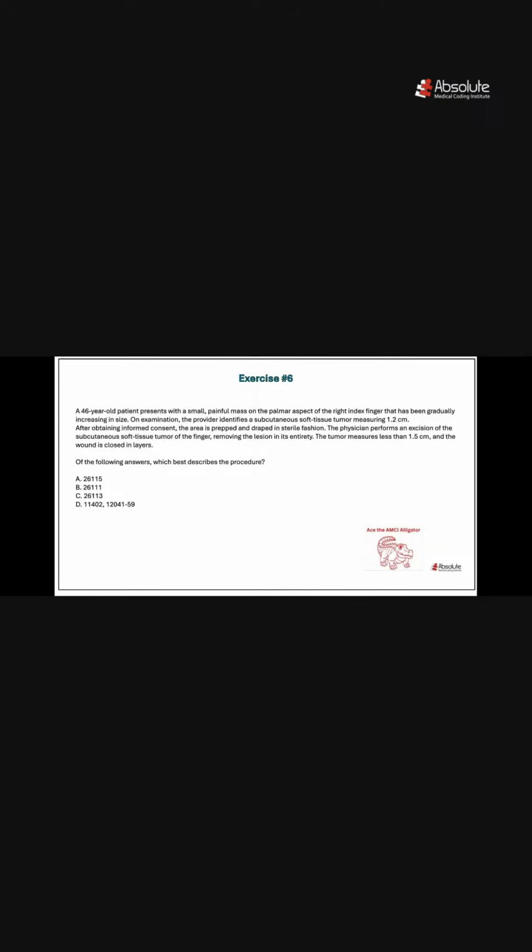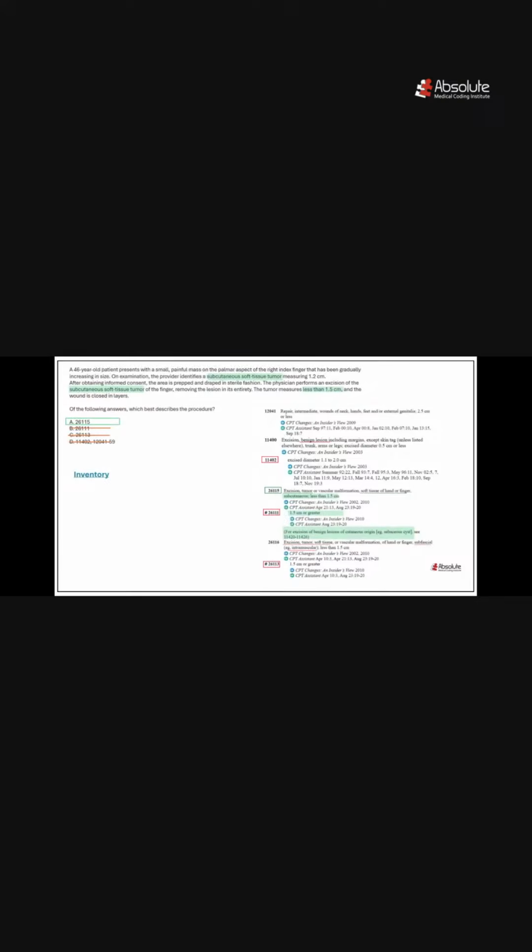Okay, answers are coming. This is what we have here in the inventory. We have a soft tissue tumor, right index finger, and 26113, which codes for excision of a tumor of soft tissue or vascular malformation of the hand or finger, subfascial. Yes, that is for a subfascial excision. And we have a soft tissue tumor of subcutaneous origin.